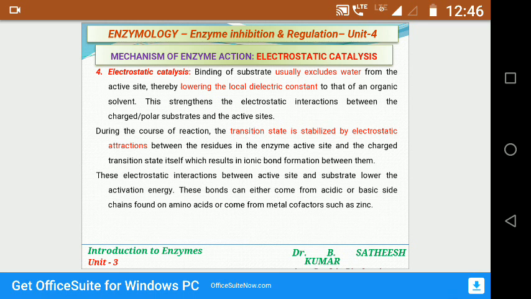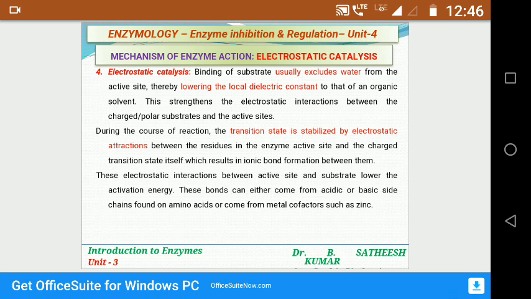So that binding energy will provide the necessary activation energy. We do not need any external energy to activate the substrates or to convert the substrate to their transition state. So this is called electrostatic catalysis.